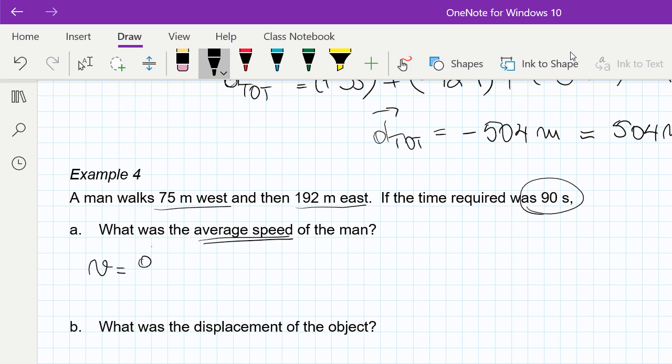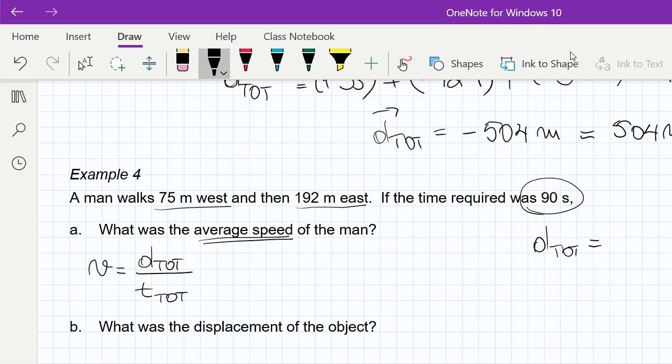As we said, the average speed is total distance over total time. Okay, so now let's figure out the total distance. We know the total time is 90 seconds.